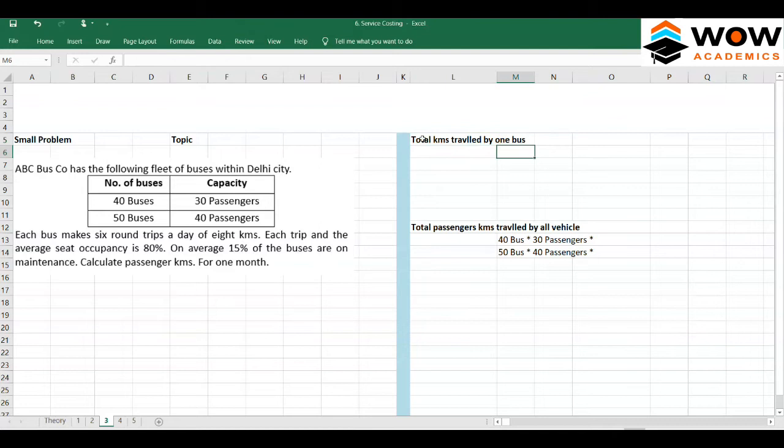If we take one bus, each bus makes 6 round trips. Round trips are up and down, and each round trip is 8 kilometers. It has an 80% seat occupancy, so not all passengers are coming, only 80% is the occupancy.